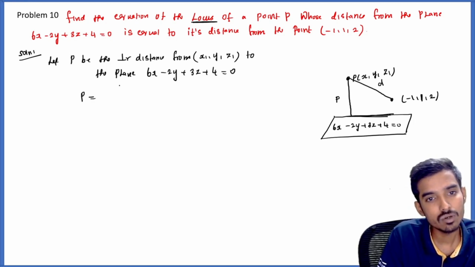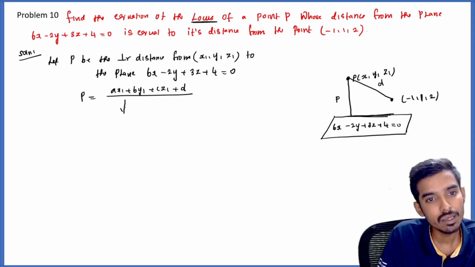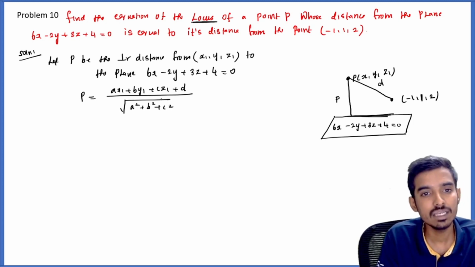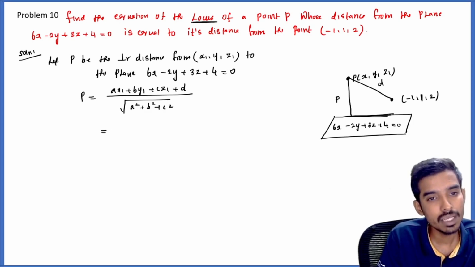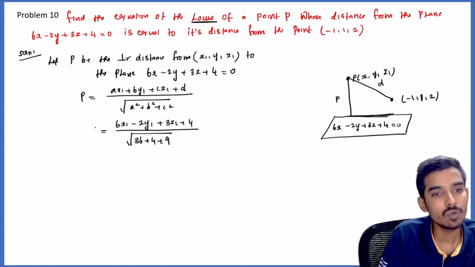So P is equal to, what is the formula? The absolute value of a x1 plus b y1 plus c z1 plus d, divided by root of a square plus b square plus c square, right? This is the perpendicular distance. So this will be equal to, the plane is 6x1 minus 2y1 plus 3z1 plus 4 divided by root of a square plus b square plus c square.